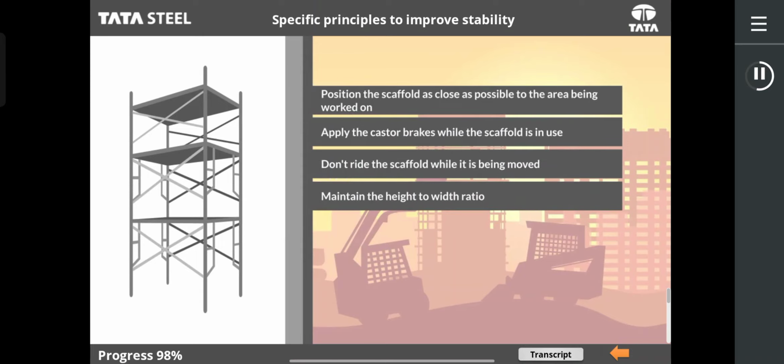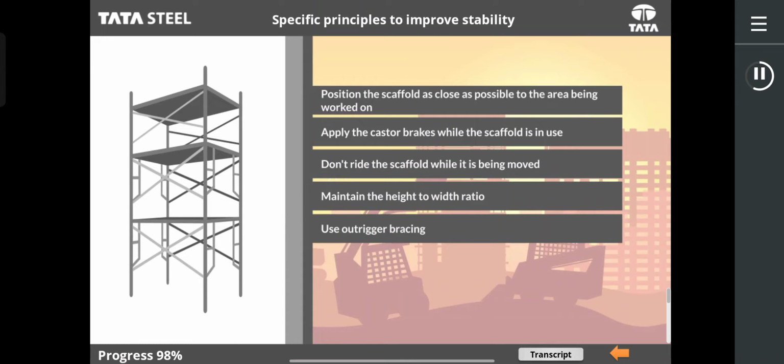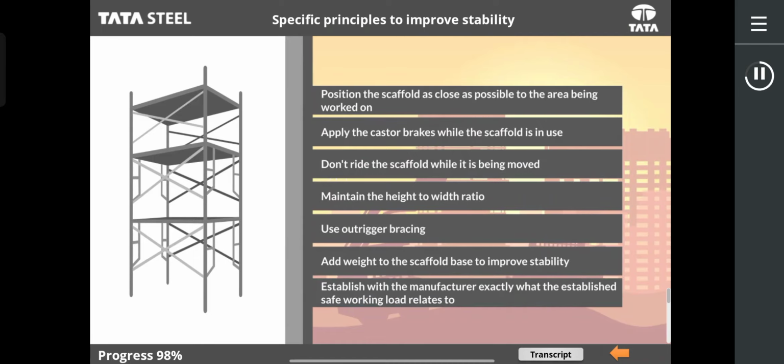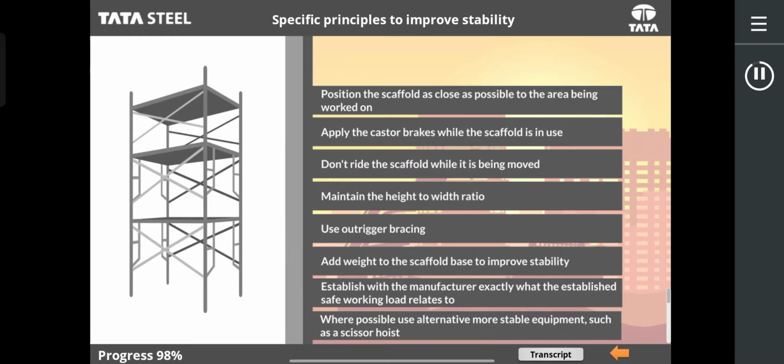Maintain the height to width ratio. Use outrigger bracing. Add weight to the scaffold base to improve stability. Establish with the manufacturer exactly what the established safe working load relates to. Where possible, use alternative more stable equipment such as a scissor hoist.